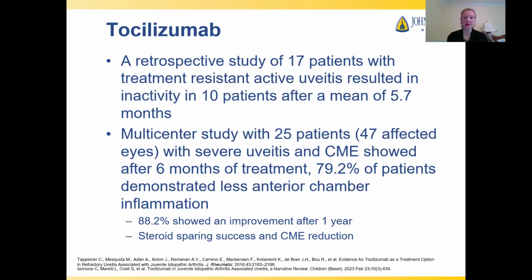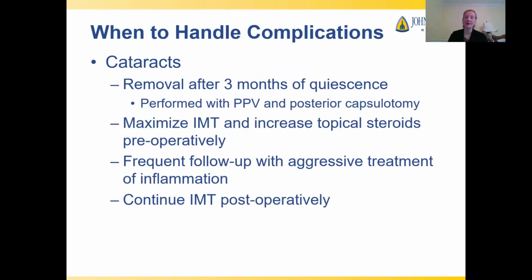There was also a multi-center study with 25 patients with 47 eyes with severe uveitis and macular edema that showed after 6 months of treatment, nearly 80% of patients demonstrated less anterior chamber inflammation, with 88% showing improvement after 1 year, including steroid-sparing success and macular edema reduction.